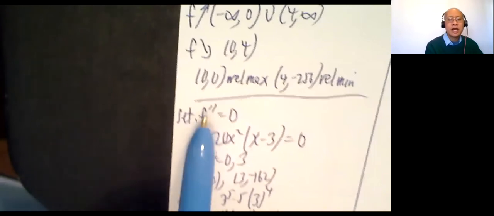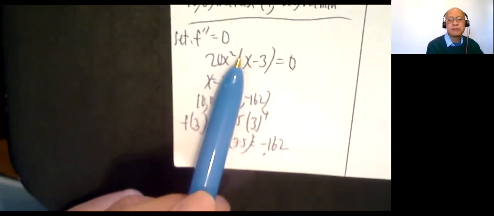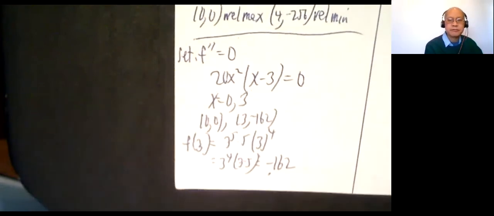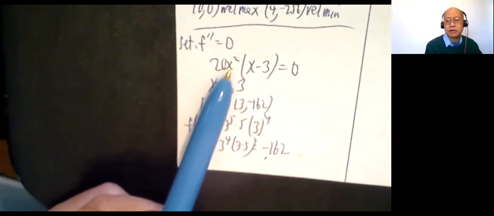New stuff, f double prime equal to 0. My double prime was where did it go? 20x squared times x minus 3. Set that equal to 0. What makes this 0? 20x squared, 0.